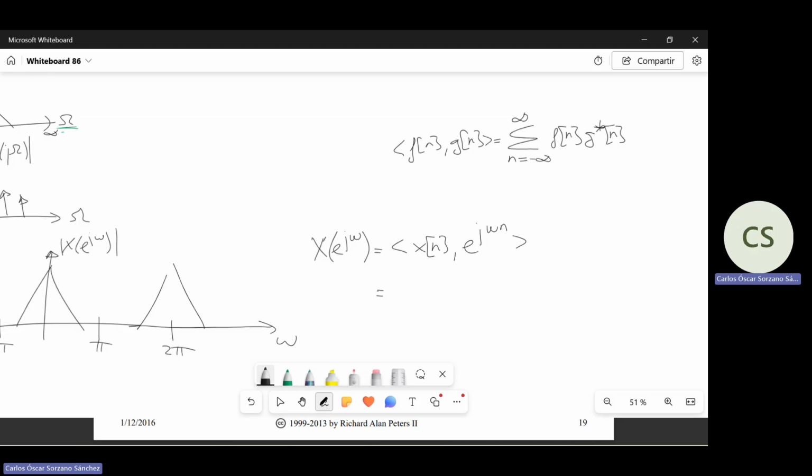So this will be the sum from minus infinity to infinity of x[n] times e to the minus j omega n. And the units of this are radians per sample.